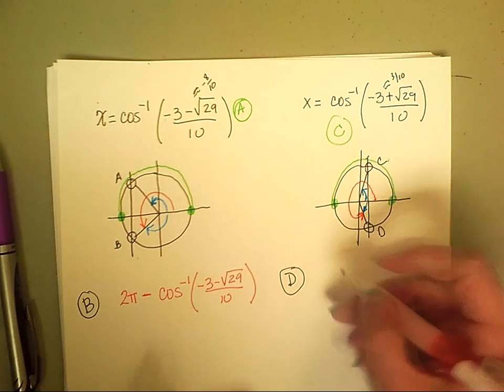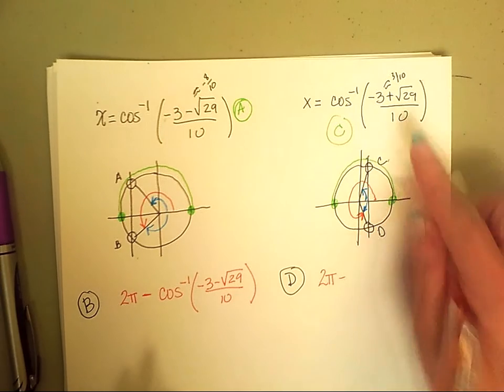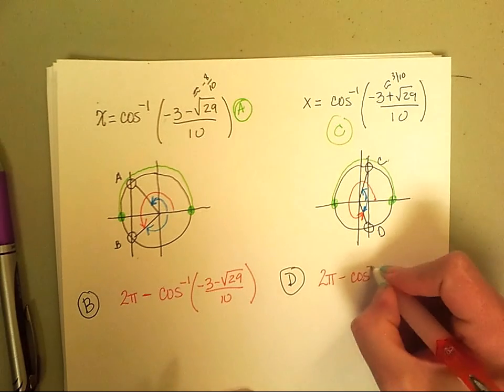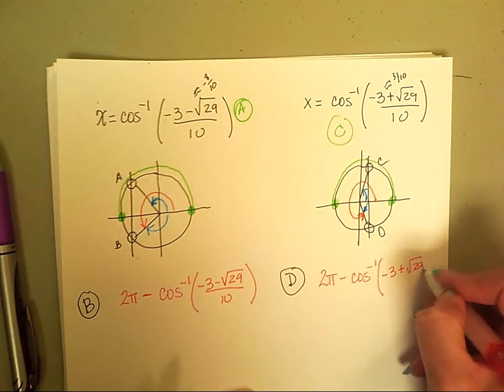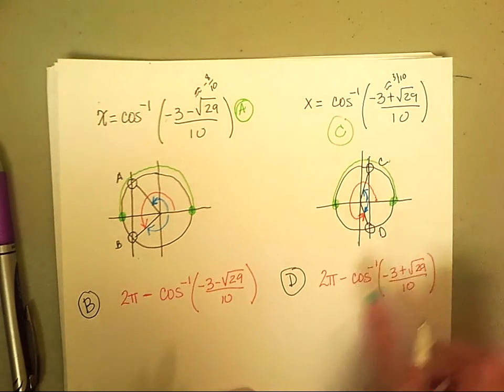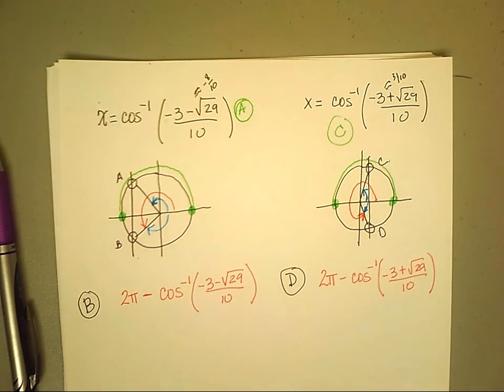So the orange plus the blue would be 2 pi all the way around. If we take 2 pi and subtract off the original angle that we found, as an exact value, we have angle D.